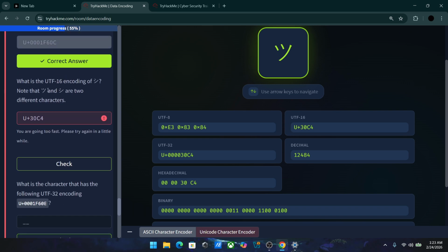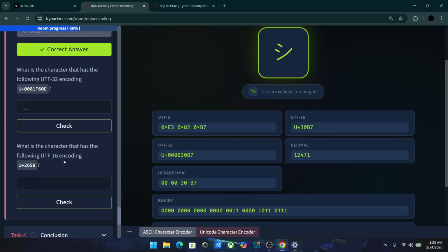What is the UTF-16 encoding of stu? Note that the two stu are different characters. Yeah, we use this. Sorry about that. Always read the question properly, guys.